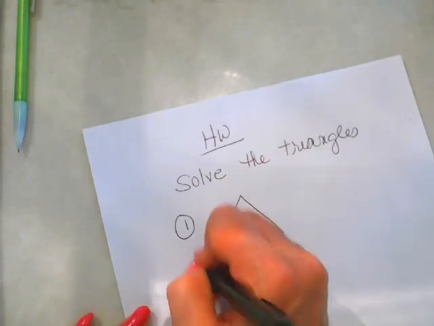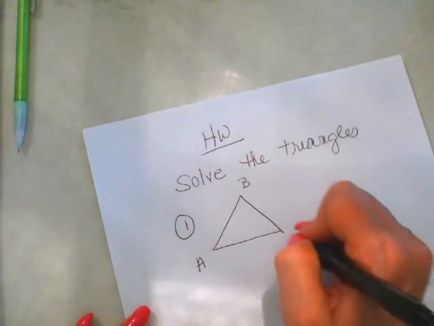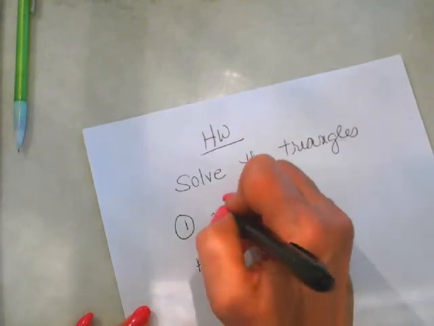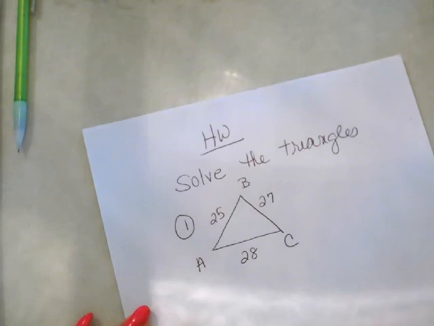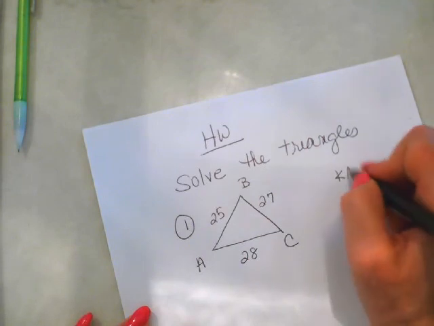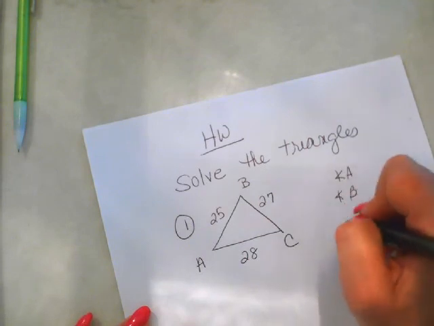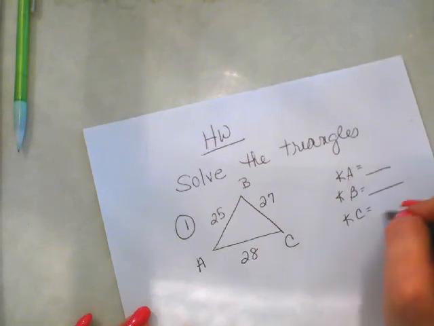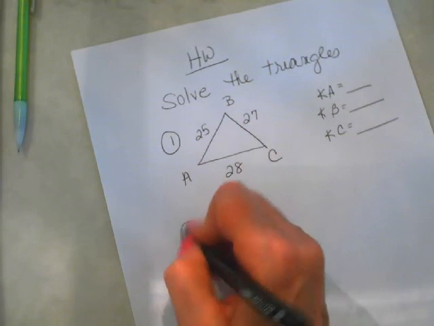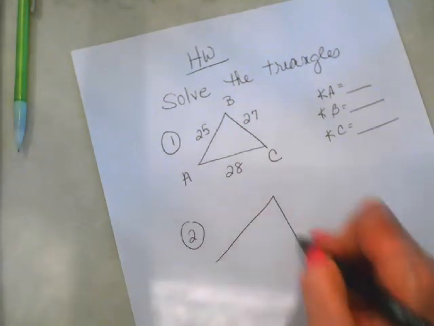And I'm going to give you 2 examples. Number 1, if I have triangle A, B, C, and I tell you this side measures 25, this is 27, this is 28, I want you to solve it. So you're going to have to find for me angle A, angle B, and angle C. Okay, and this is just like the first one, so go back and watch that.